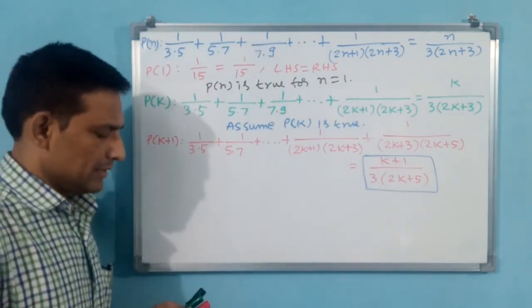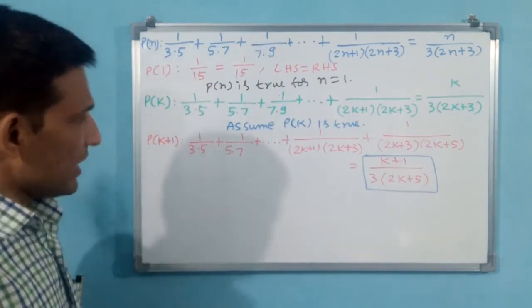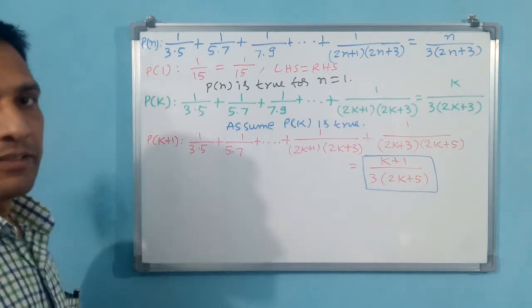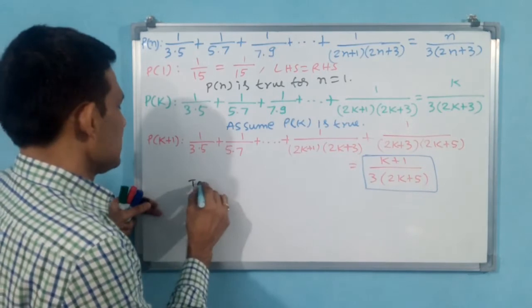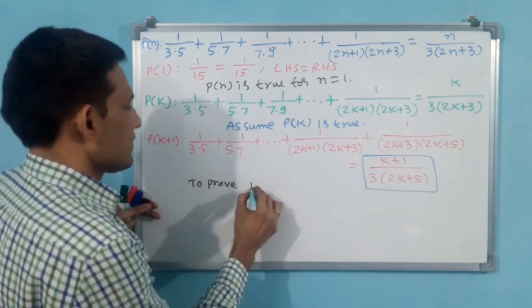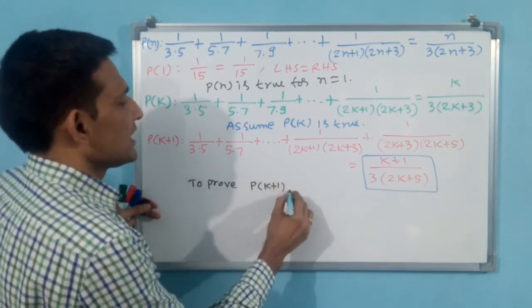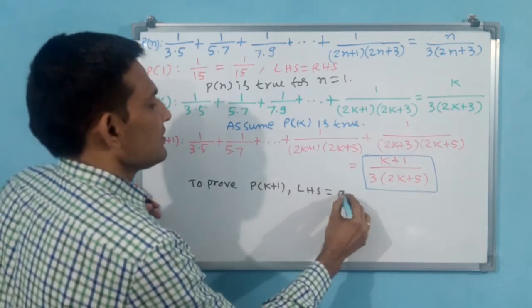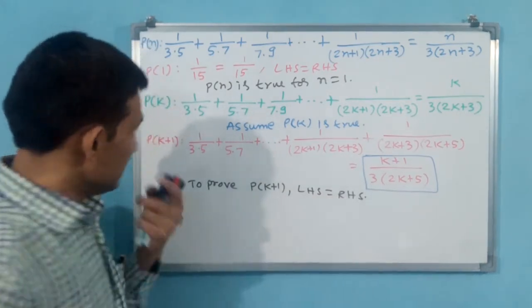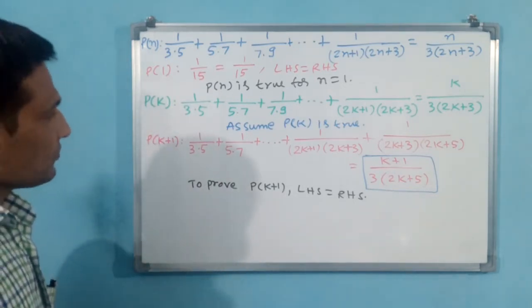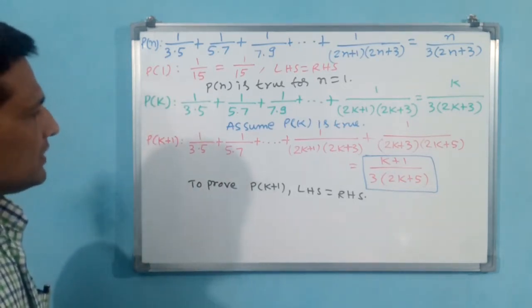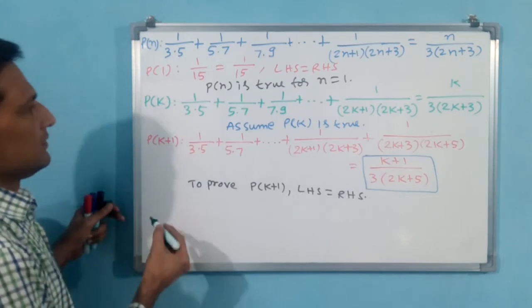Afterwards you have to write: to prove. Write down: to prove P of k plus 1, LHS is equal to RHS. This you have to prove. Now let us take LHS.